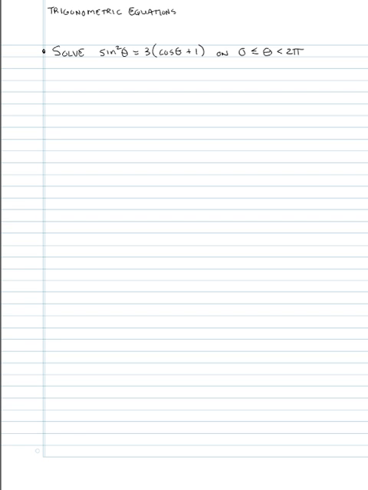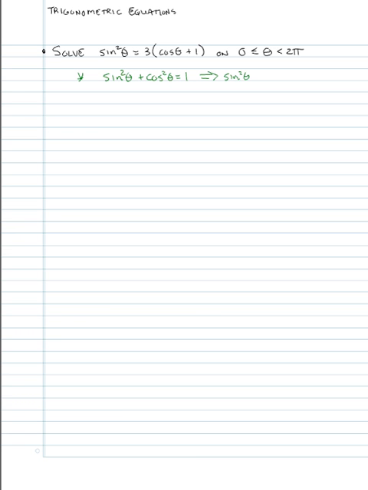We can only convert sine squared or cosine squared. And it's all based on, once again, the fact that sine squared theta plus cosine squared theta is equal to 1.